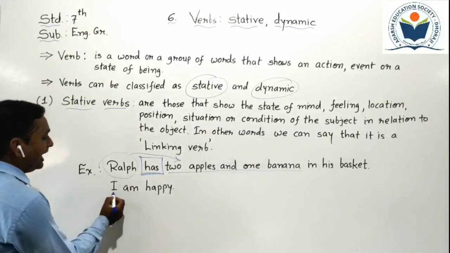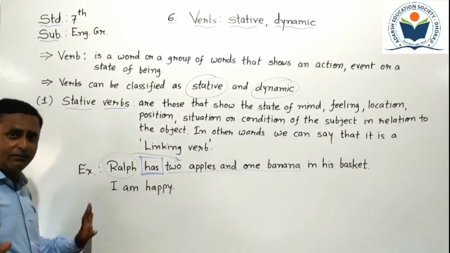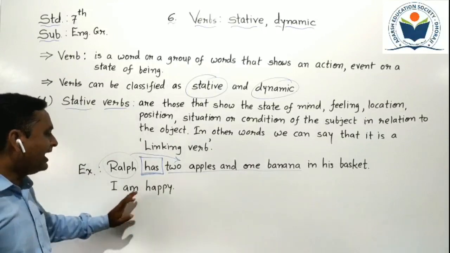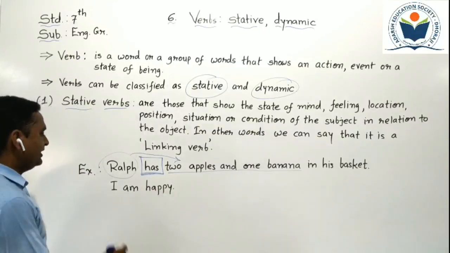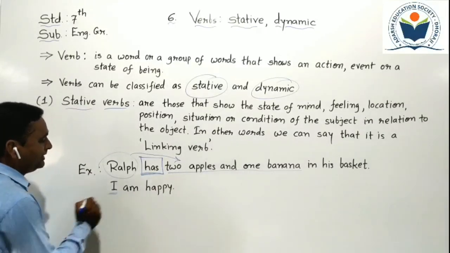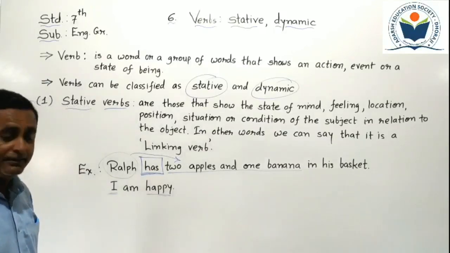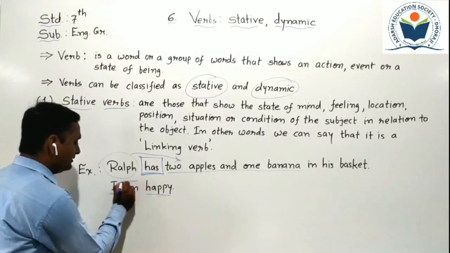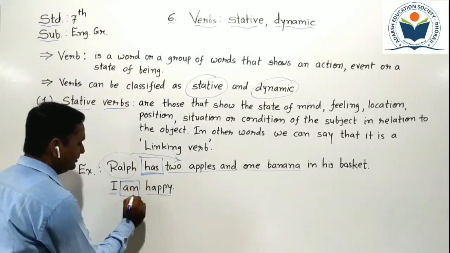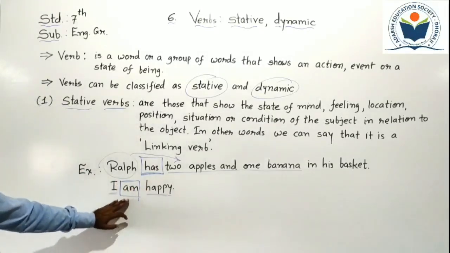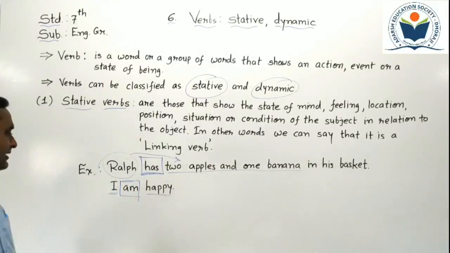Just see. I am happy. Only three words are given here. I am happy. So here I is the subject of that sentence and happy is the state of being. So here the verb am is known as a linking verb or a stative verb. Why?